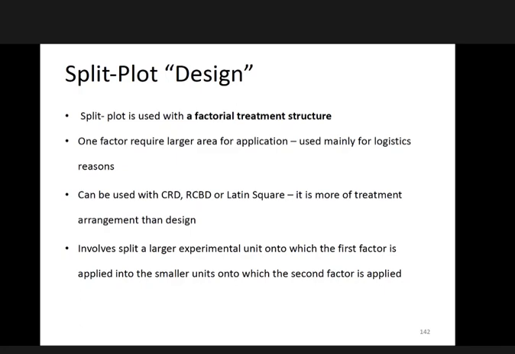And then I have time: 45 minutes, 60 minutes, and 75 minutes. Now, if I'm going to use an oven as my experimental unit, how can I design an experiment that will add both factors together?